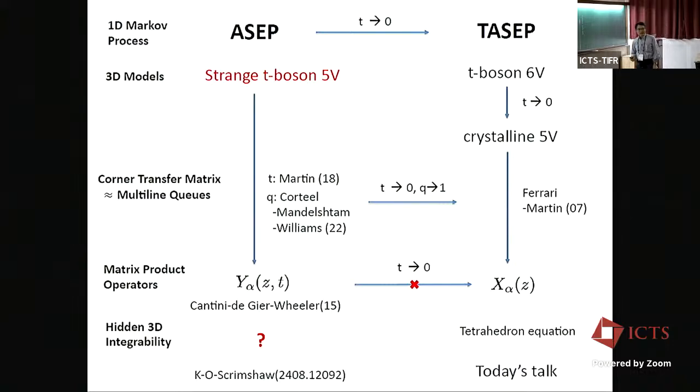So I became interested in whether it may be possible to reformulate their result in terms of the corner transfer matrix and do a similar story.